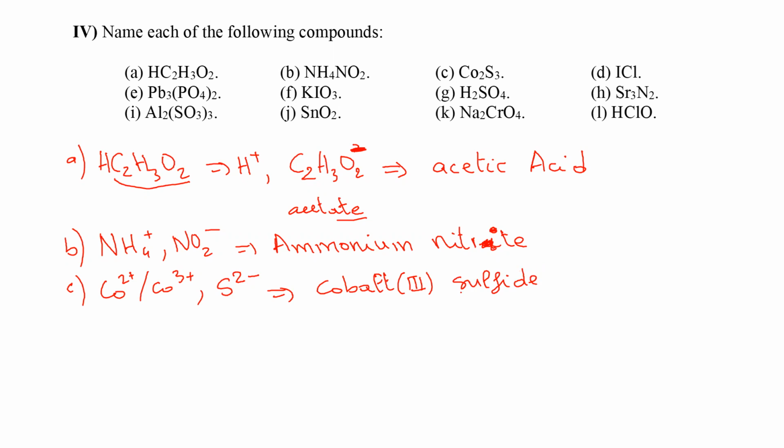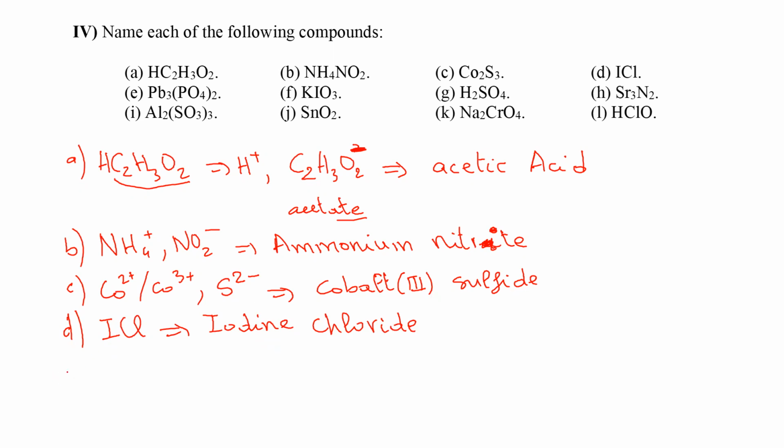If we look at D, it's two non-metals, so this is molecular. How do we name a molecular compound? Keep the name of the first element, iodine, and for the second element, we replace the ending by ide. So iodine chloride.